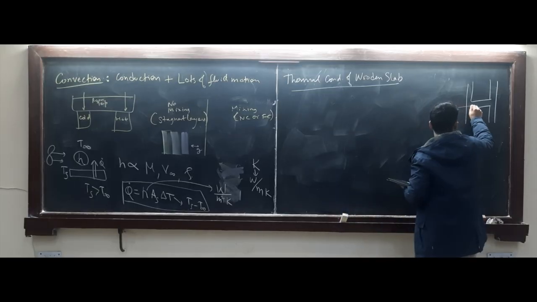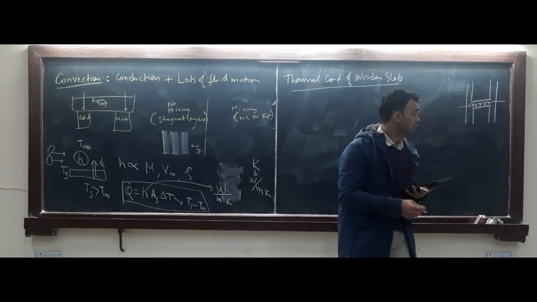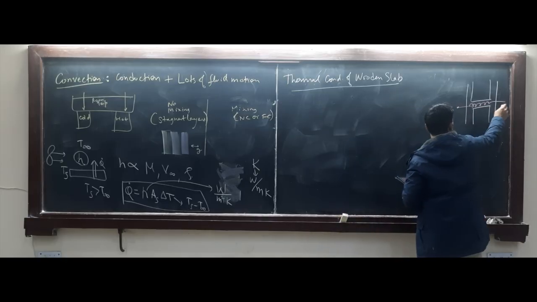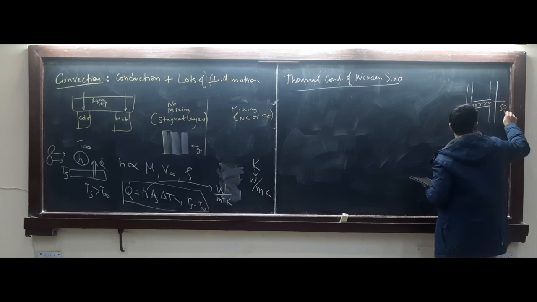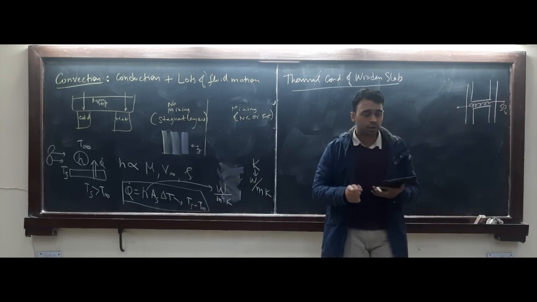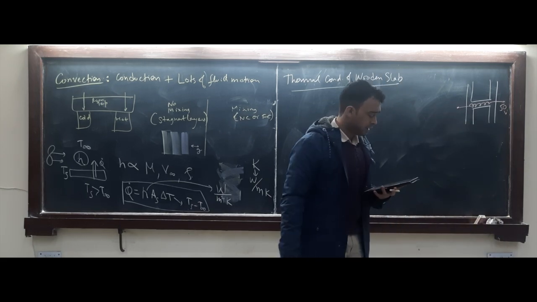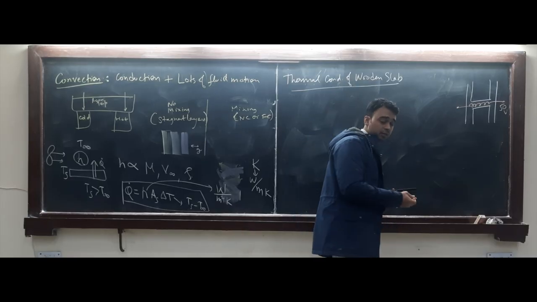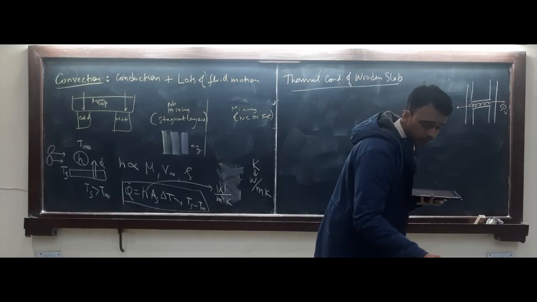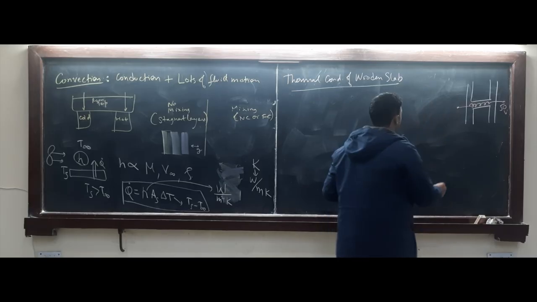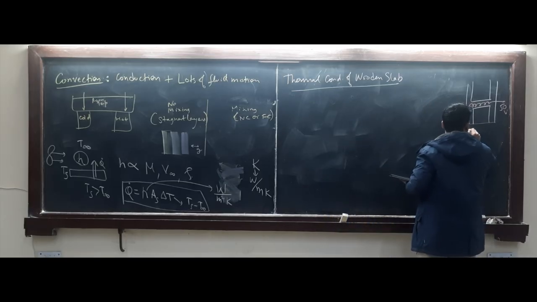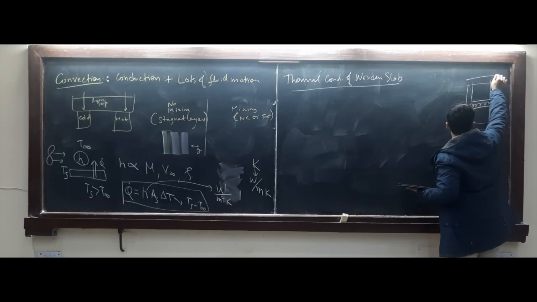So a resistance wire would go and heat it up. 50 volts of potential difference would be applied. The sides, the top and bottom sides will be provided with running water.